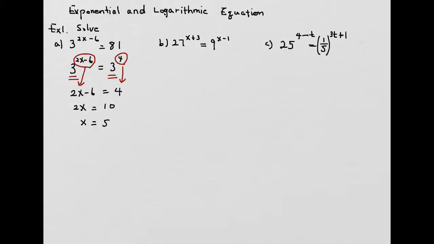If you wanted to check, you could say 2 times 5 minus 6 should be 4, right? So that's 10 minus 6, that's 4. This way you get 3 to the 4th exponent equals 3 to the 4th exponent, right? So the only way that these two sides will be equal is when x is 5.